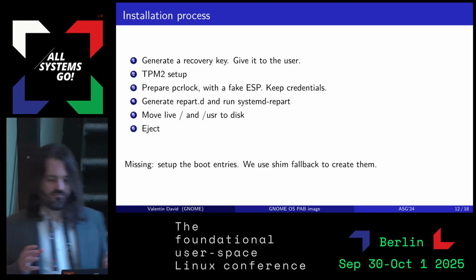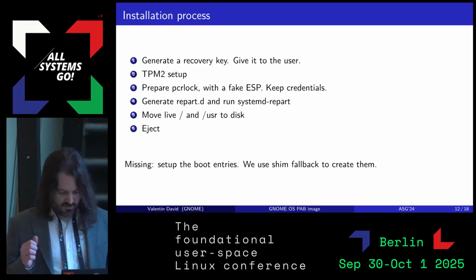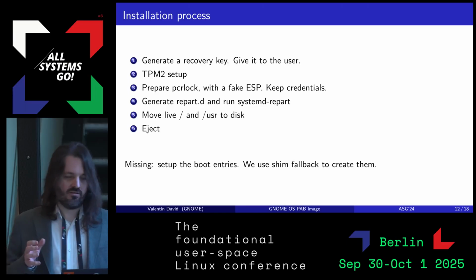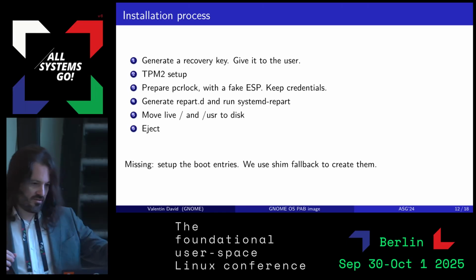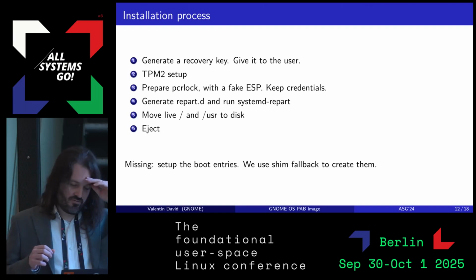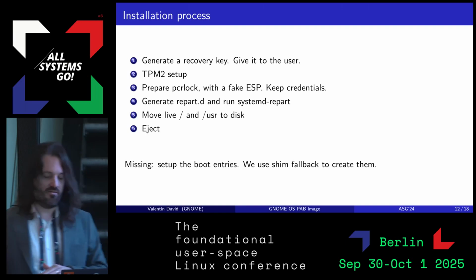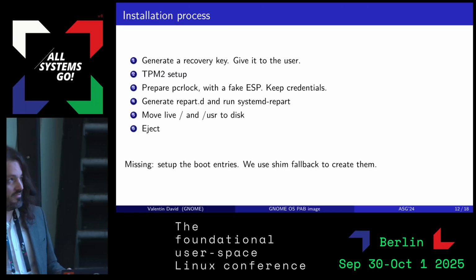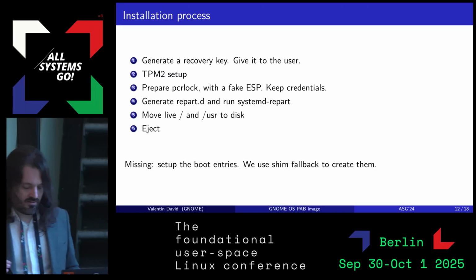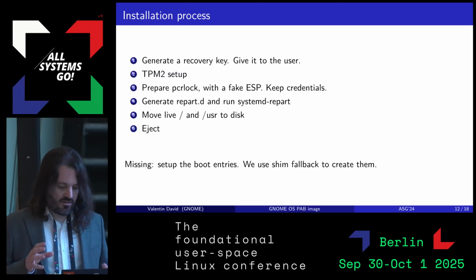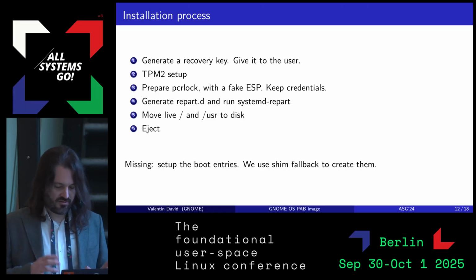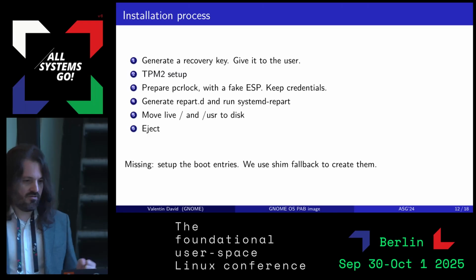I'm not sure this is useful, but there is some SRK setup, and I decided to delay that in the live and only do it during the installation. I'm not sure at this point it's useful, but it might be at some point if there is some side effect on the TPM. We'll see.